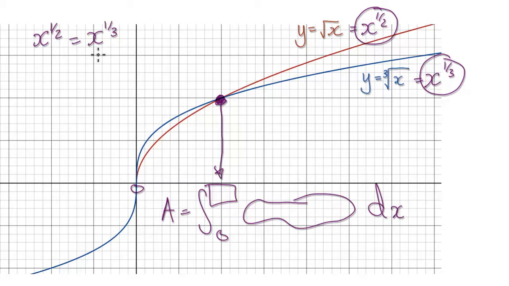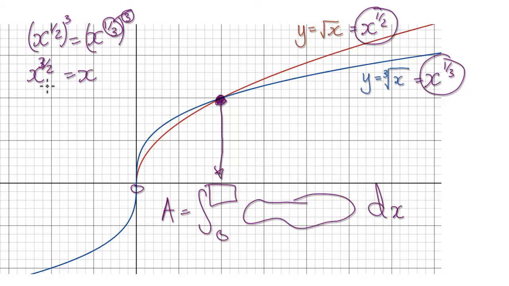To solve this, let's cube both sides. When you cube this, it will be x to the power of 3 over 2 equals x. Cube this side, cube this side, and this times this gives you 1, and then this times this gives you this.